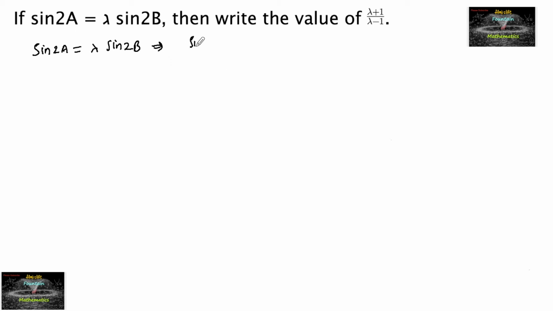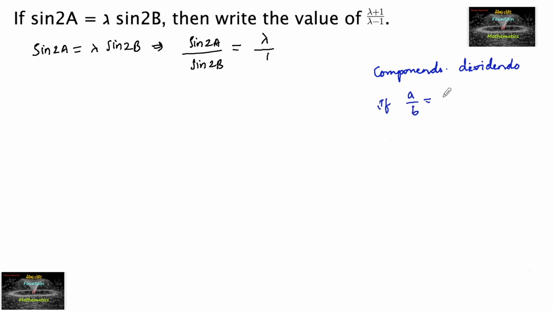This can also be written as sine 2a upon sine 2b is equal to lambda upon 1, and let us apply the componendo and dividendo property, which states that if a by b is equal to c by d, then we have a plus b upon a minus b equal to c plus d upon c minus d.